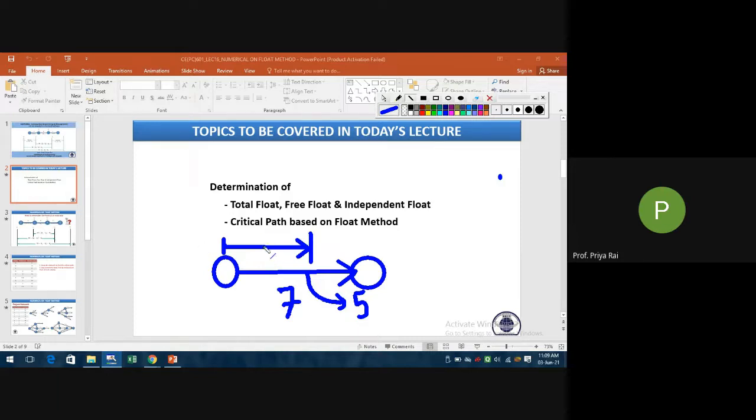Now the remaining 2 days, you will relax. That means on the 5th day you completed and submitted the assignment. Now 2 days you will relax. So here float is 2 days.